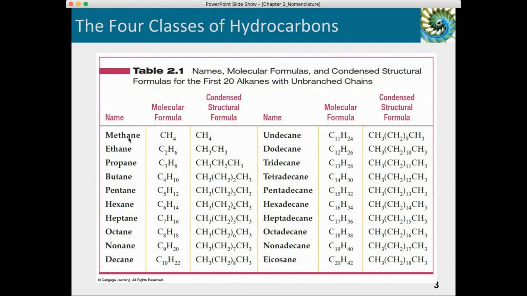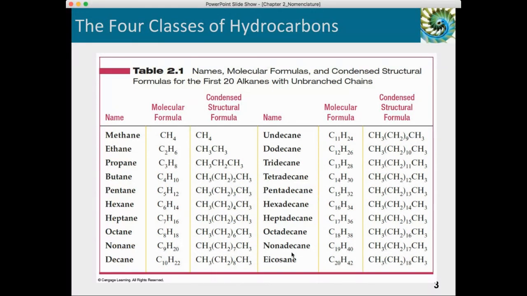That's the ending, and then the prefix of the name indicates the number of carbons. So meth is one carbon, methane; eth, two carbons, ethane; prop, three carbons, propane; but, four carbons, butane; pentane, five; hexane, six; heptane, seven; octane, eight; nonane, nine; and decane, 10.